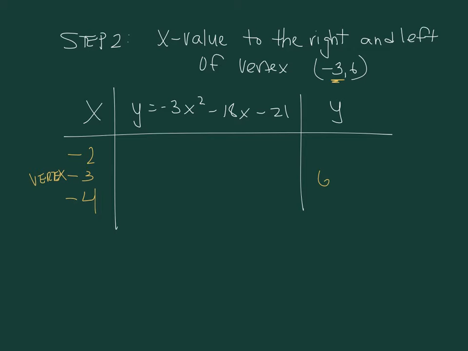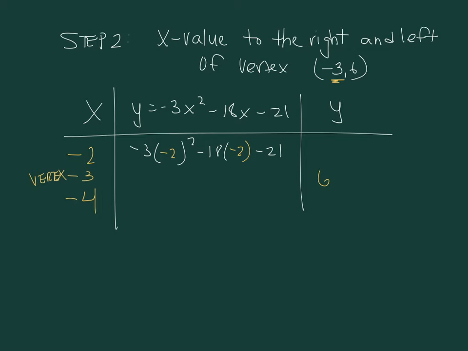So here we go. I'm going to plug this value in. So it's going to be negative 3 times negative 2 squared minus 18 times negative 2 minus 21.